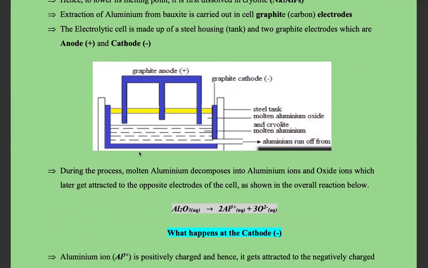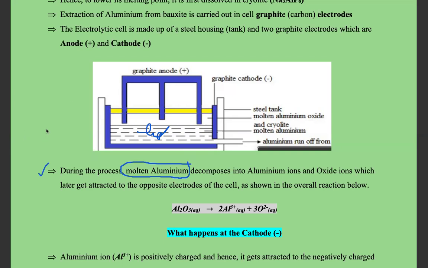It ionizes. Distinct ions are formed. This is a point over here: during the process, when we dip everything in here, the molten aluminium oxide decomposes, it separates itself into different ions.